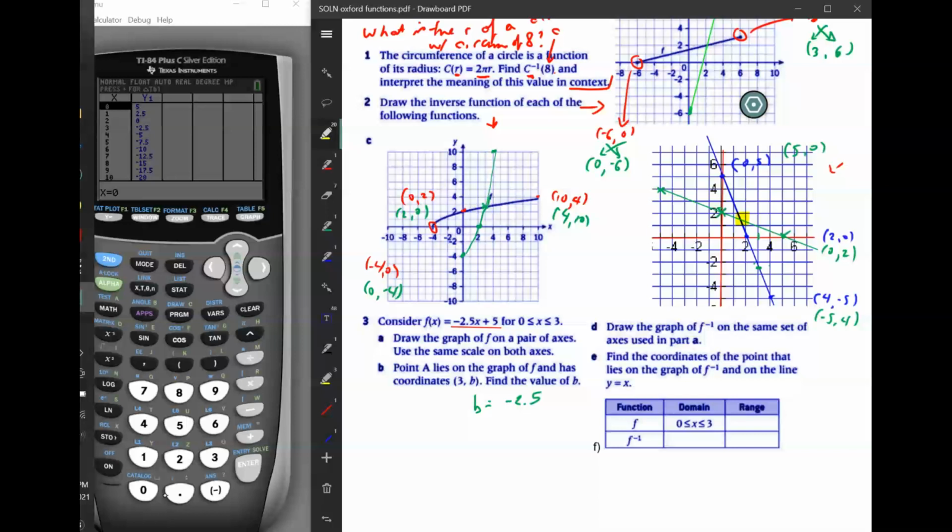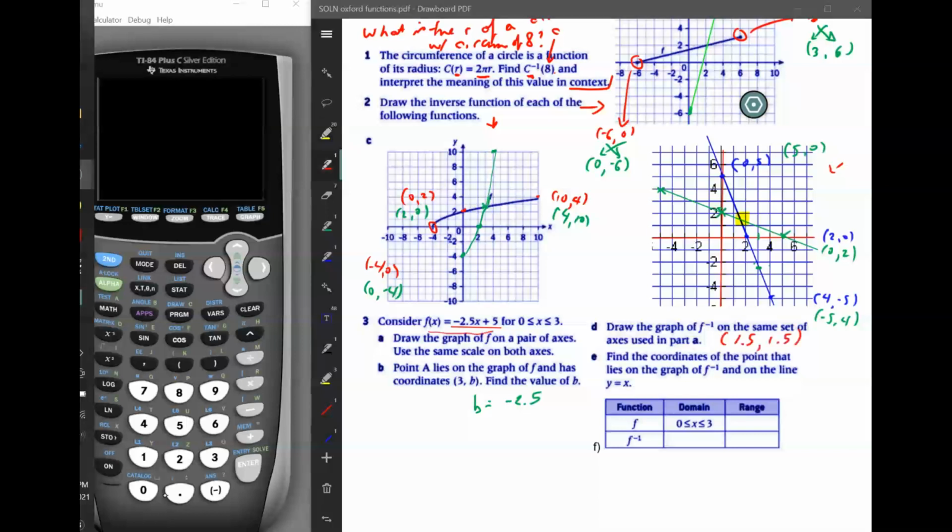Okay, we did that. Find the coordinates of the point that lies on the graph of f inverse and on the line y equals x. About how this yellow point has the x coordinate and the y coordinate the same, and that's the intersection of these two functions, and how that's an interesting point. They're now asking us for the point where the green function crosses the line y equals x. What is the line y equals x?